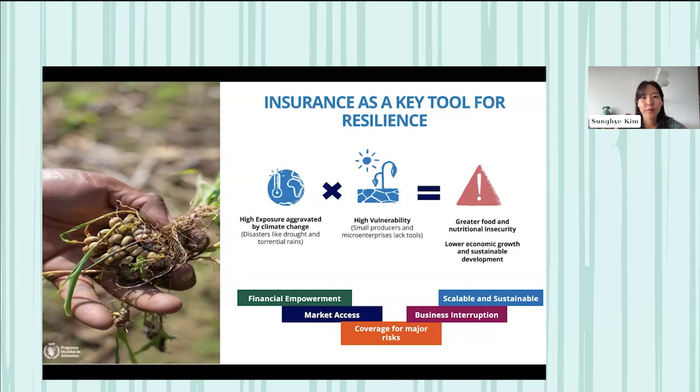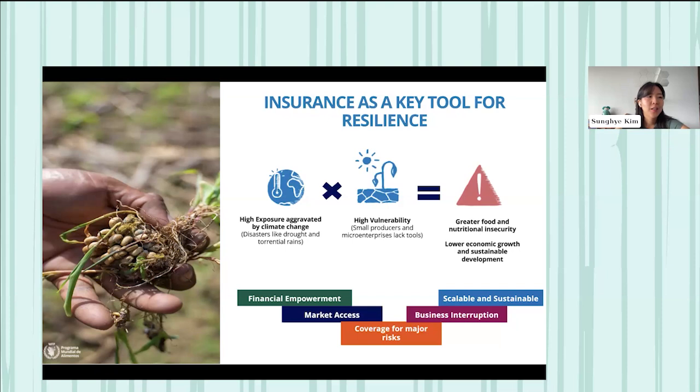The focus of this parametric microinsurance design has been on addressing the primary hazards of prolonged drought and excessive rainfall in Guatemala, which are identified as the key weather risks leading to food insecurity and malnutrition among smallholder producers.